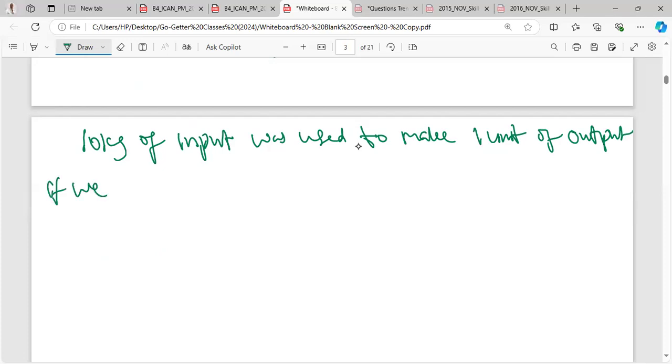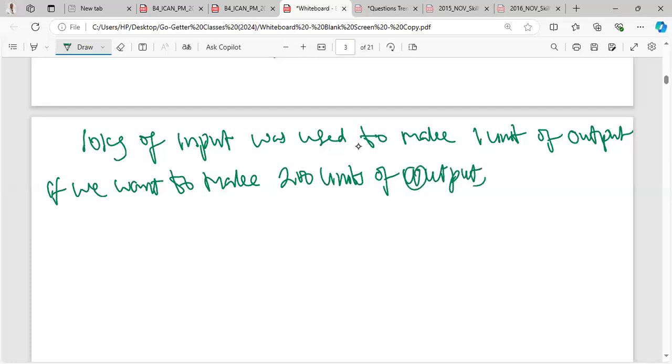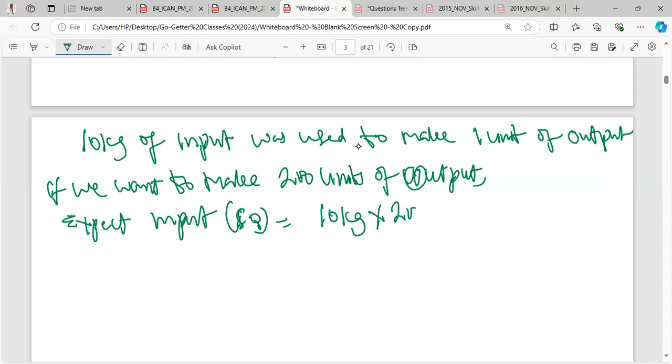If we want to make 200 units of output, expected input, which is the standard quantity, should be 10 kg multiplied by 200 units, which is 2000 kg.